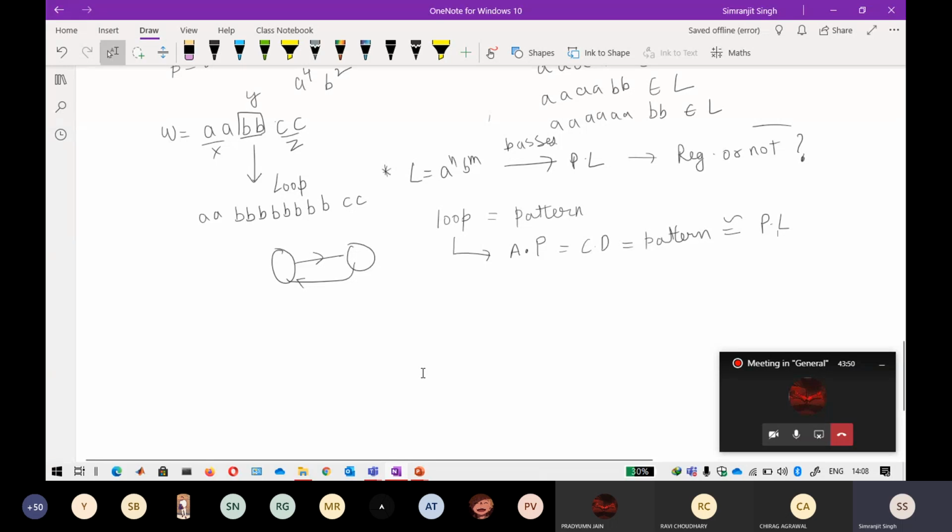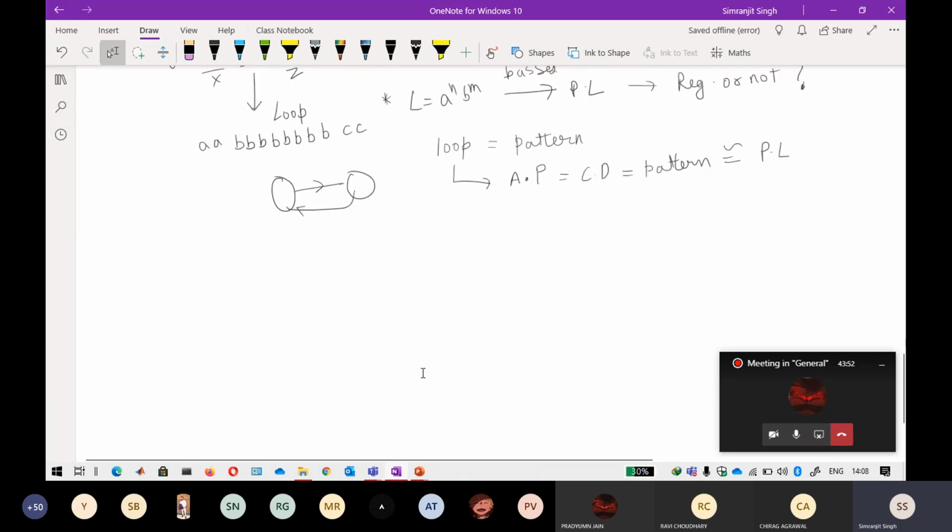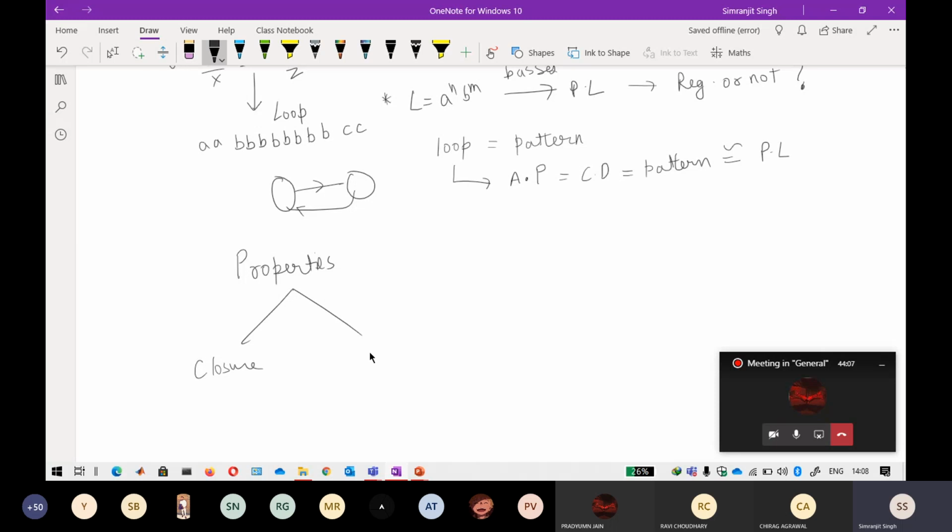Now I want to tell you that there are properties of regular languages. In your syllabus there are two properties: the first is called the closure property, and the second is called the decision property.